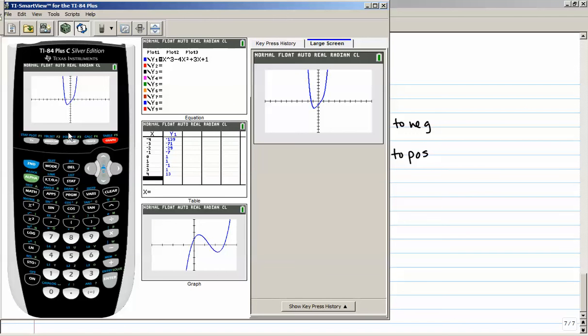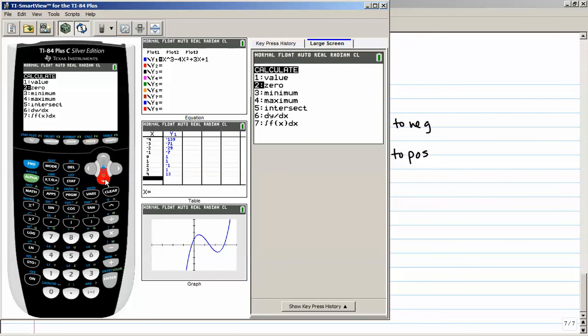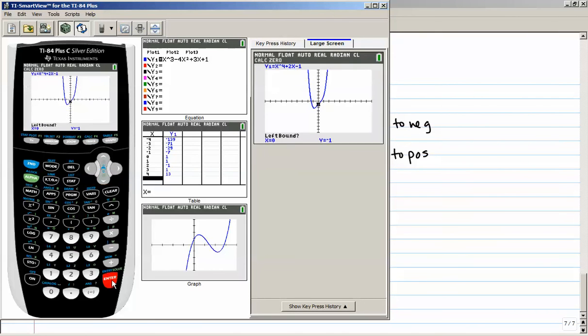So let's go ahead and find those using the calculator. Second trace, to find a 0, I'm going to go to 0. Move my cursor to the left of that. That looks good. Enter. Move my cursor to the right, so something right in there. Hit enter, and then hit enter again.